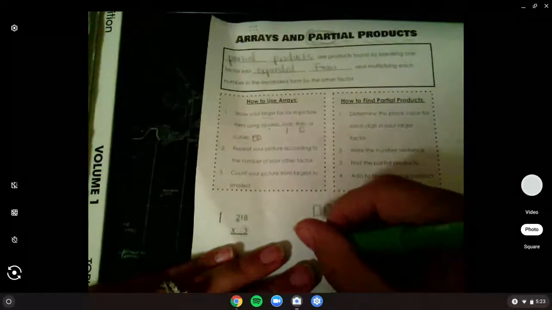The tricky part is to make sure that you are showing the correct number each time. Making sure I have everything there: 200, 10, and 1, 2, 3, 4, 5, 6, 7, 8. And I'll show it one more time. So we have 218 shown 3 times.